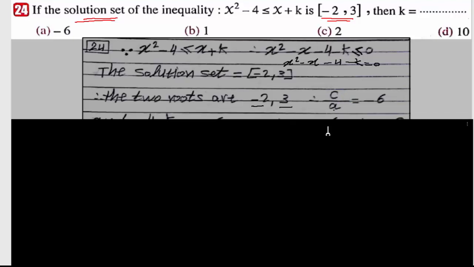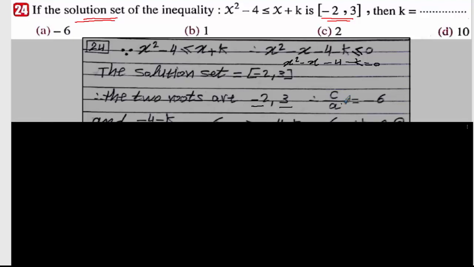Their sum is negative b over a, but I will not use it. Again, the product of the two roots of any quadratic equation equals c over a, where c is the absolute term and a is the coefficient of x squared. So c over a equals negative 2 multiplied by 3, which equals negative 6.